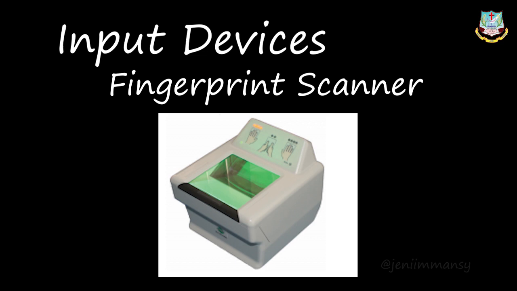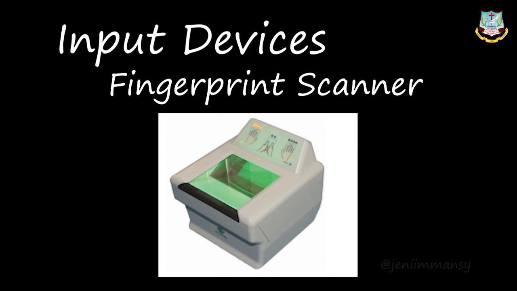Here this is used for very safe and secured purposes. It's like using a password. Only one person will have the thumbprint, right? If you are having a thumbprint, that same thumbprint no one else will have in this world, right? So using this thumbprint, if you are making a lock, no one else can break the lock, right?